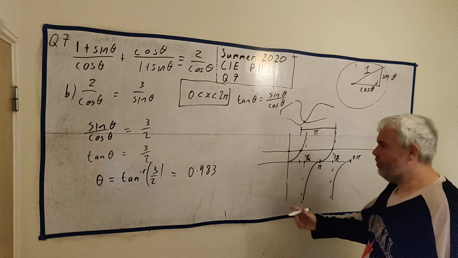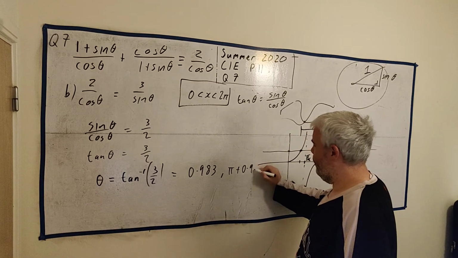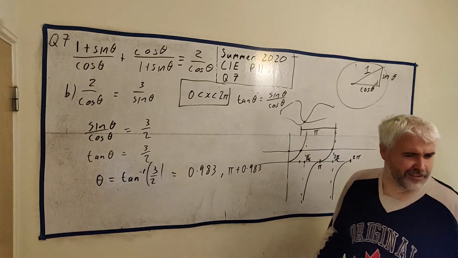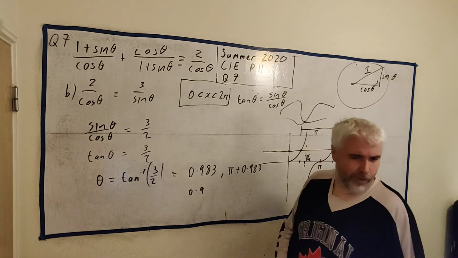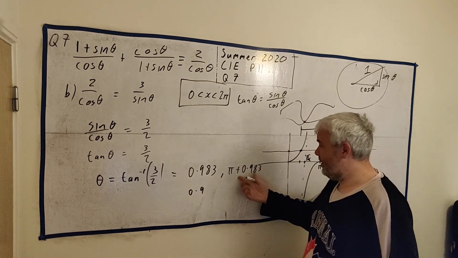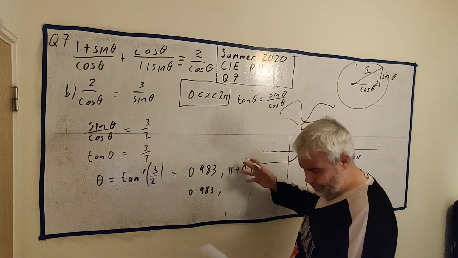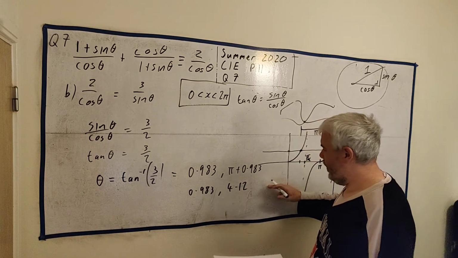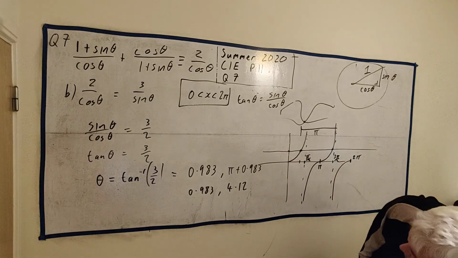So the other answer is pi plus 0.983. I think you can leave your answer like that. It doesn't say anything otherwise, so I'd be perfectly happy accepting this answer. Or another way to write that, just put it in a calculator, you'll get 4.12, rounded to 3 significant figures. That's what I've done anyway.